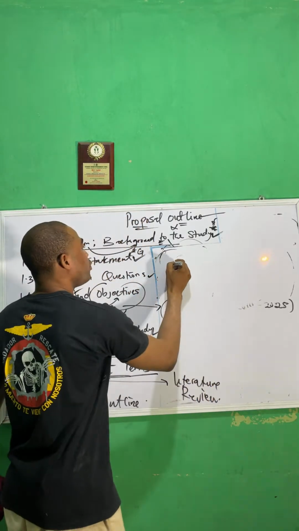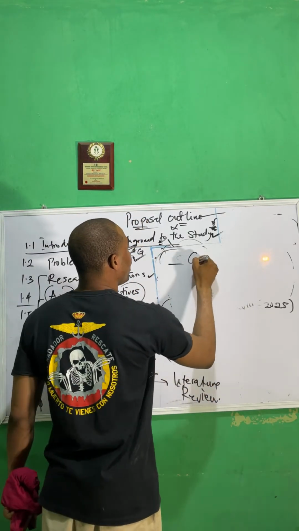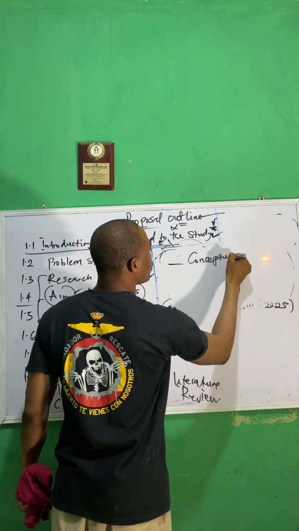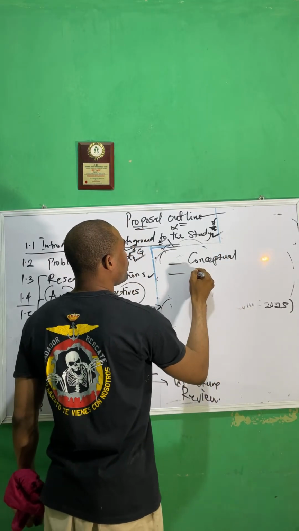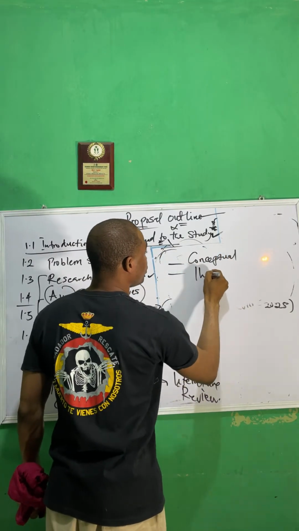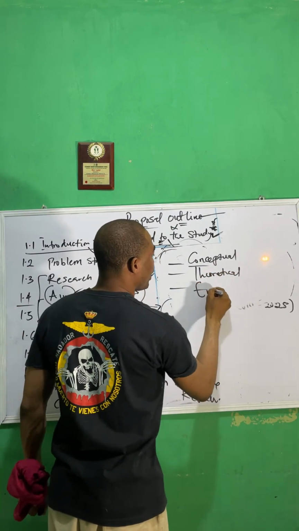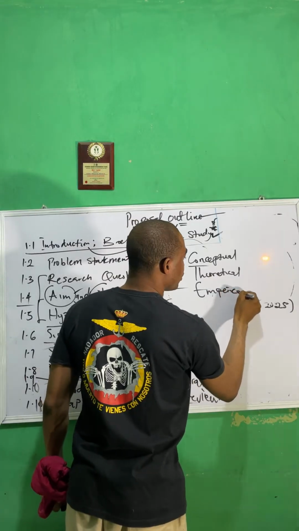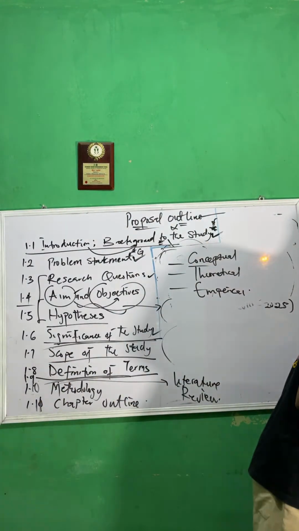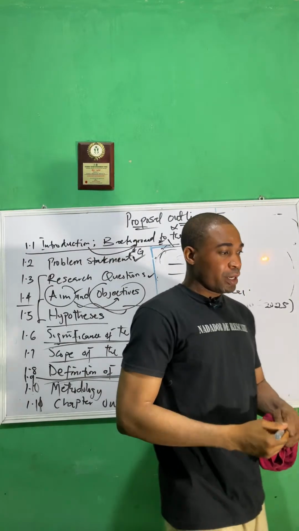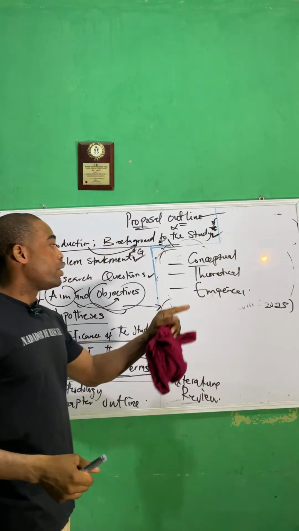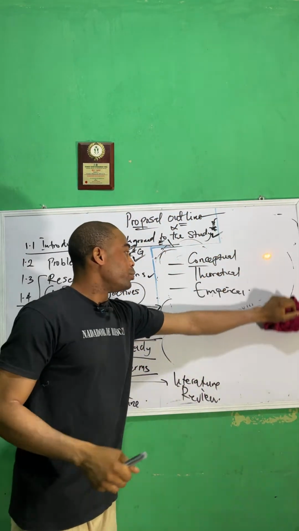Your literature review is comprised of three parts. We have the conceptual review, we have the theoretical review, and we have the empirical review.